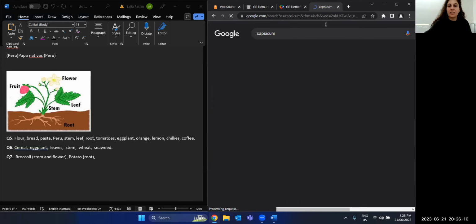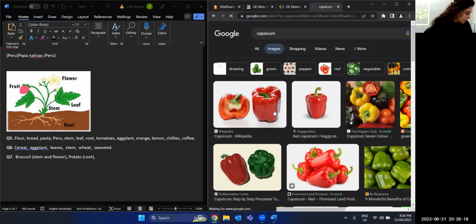Do we eat the leaf, root, or stem of capsicum or peppers? But we say capsicums in Australia. So what is that? Is that the fruit? Sorry, is it the leaf?